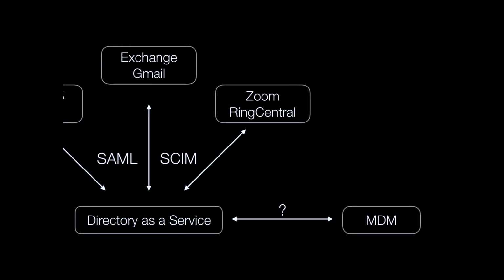The thing is, for our MDM, we will have at some point to authenticate the user on the directory. And there is one specific thing to think about with MDM connected to a directory as a service for user authentication at this time.